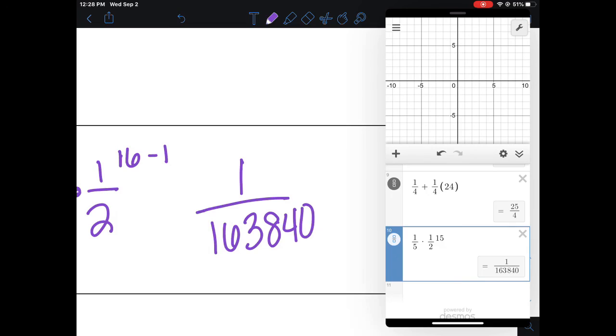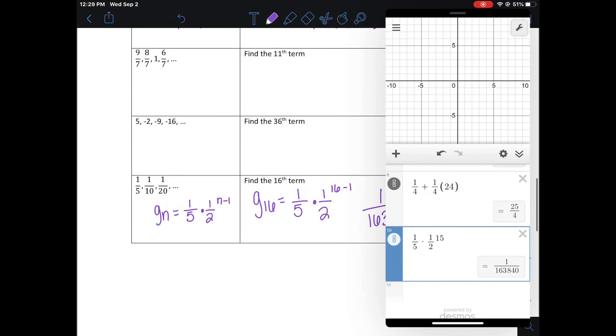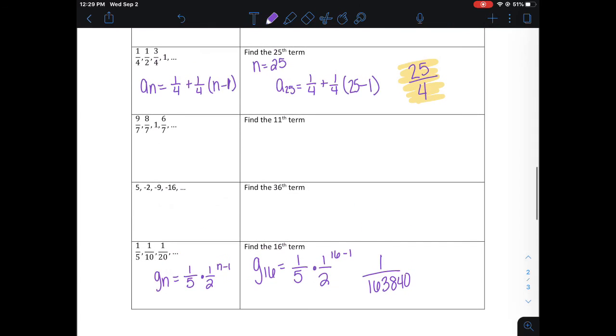Okay, so 1 over 163,840. Makes sense because notice my top is going to stay as a 1. My bottom is doubling each time. So 5, 10, 20, it's going to keep doubling all the way to the 16th term. So it makes sense that I'm going to get a very large number there. Go ahead, try the rest that I left for you to attempt.